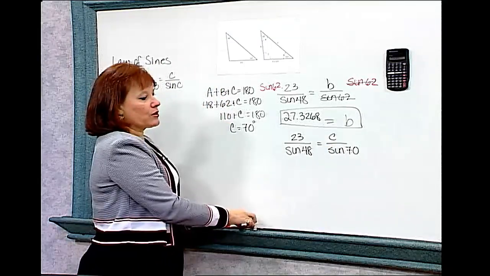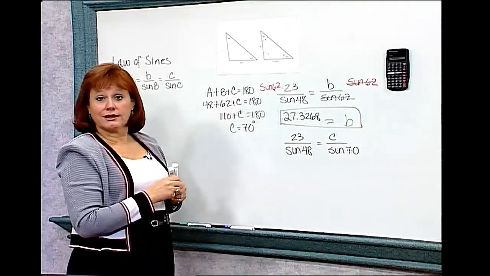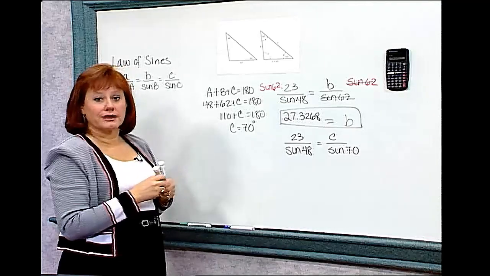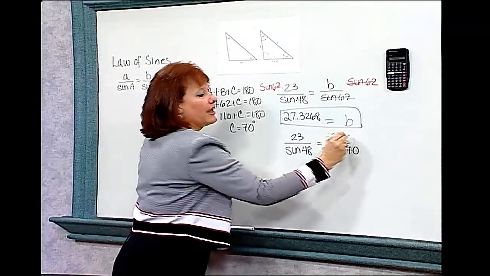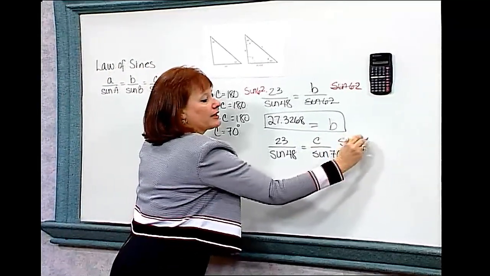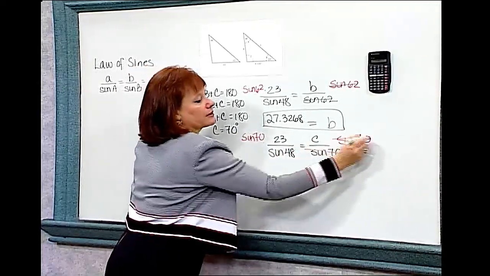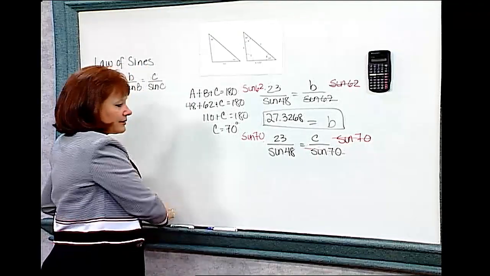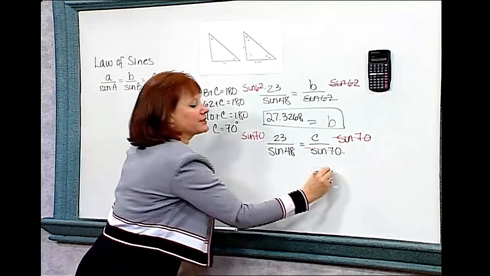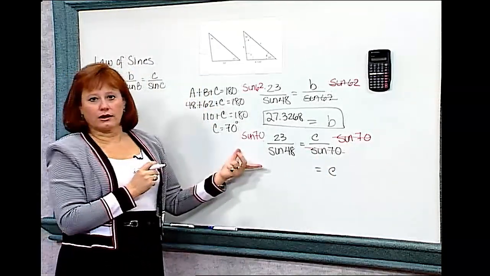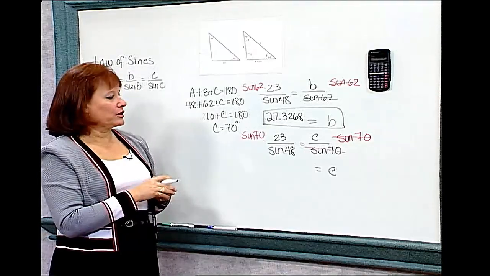Now when I'm solving this equation, I'm going to want to use the same technique that I did before. This is a very simple process. You're just going to repeat this technique, and I'll multiply by sine 70 on both sides. And these will cancel out. On the right-hand side of the equation, I'm only left with a C, and I need to go to the calculator to solve the left-hand side of the equation.